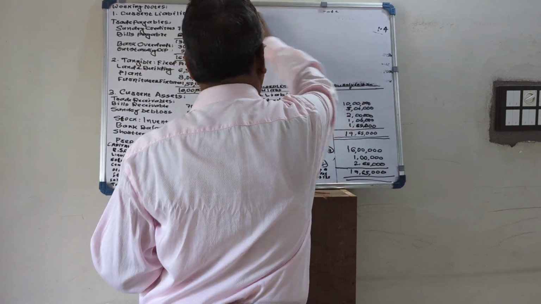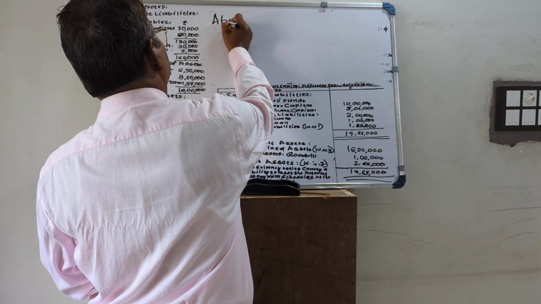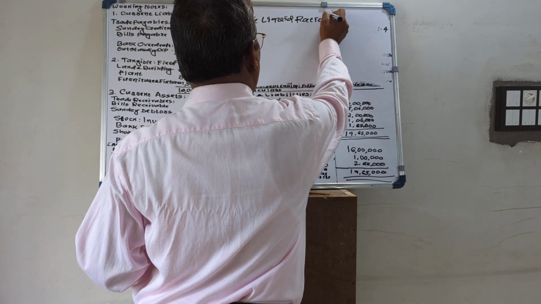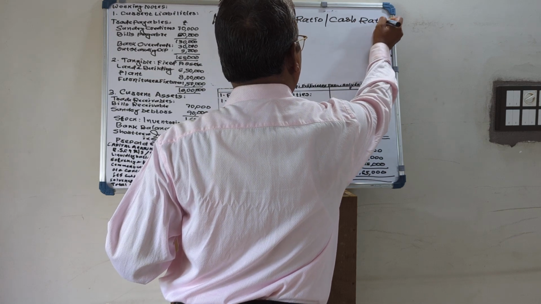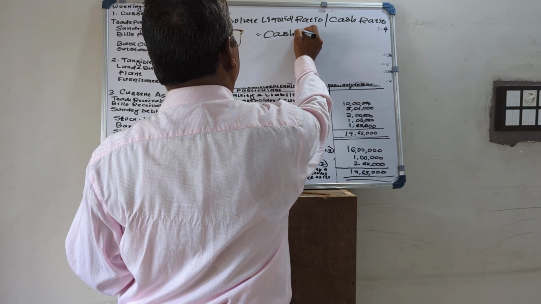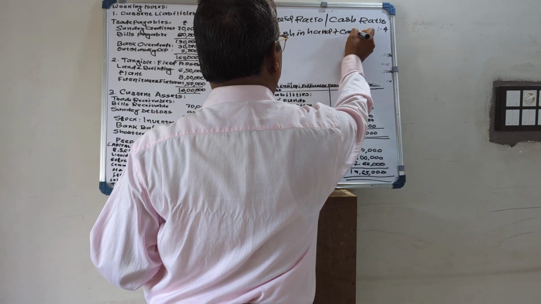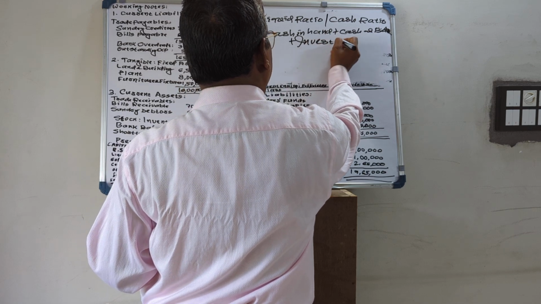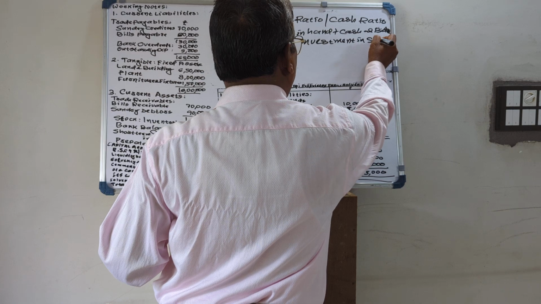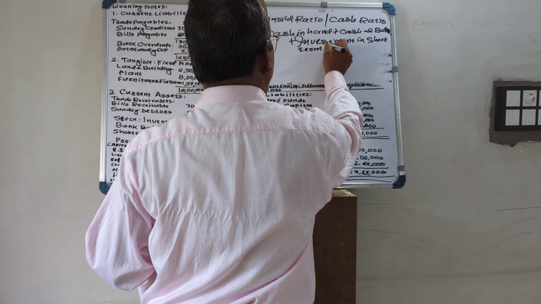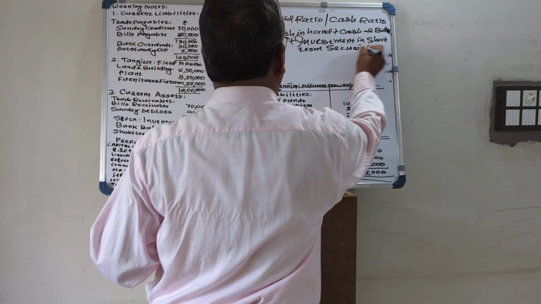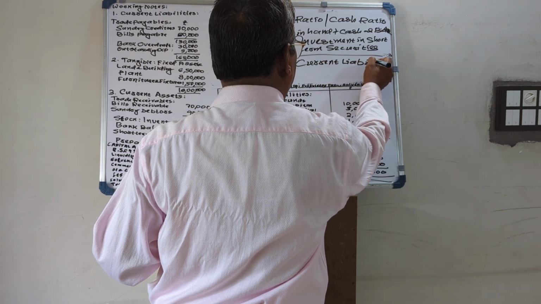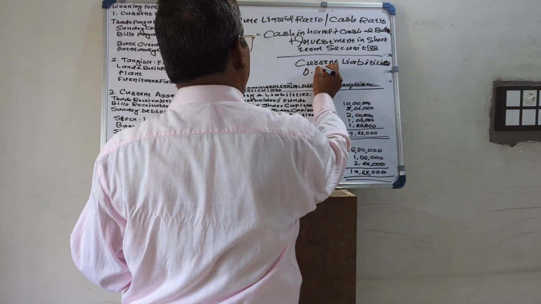The third one is the absolute liquid ratio or cash ratio. Here we consider cash in hand plus cash at bank plus investment in short-term securities, divided by current liabilities.